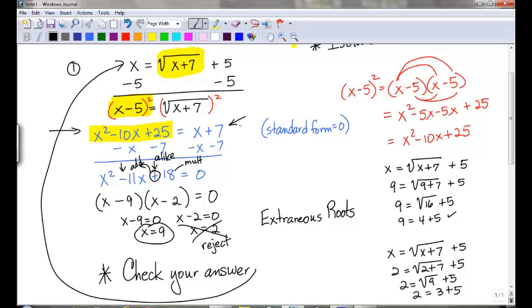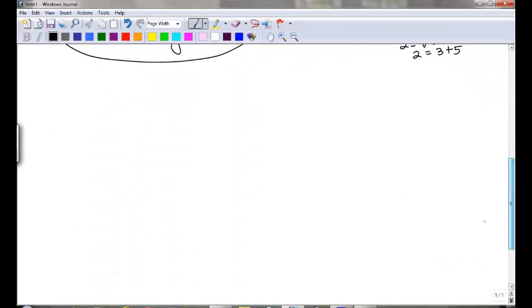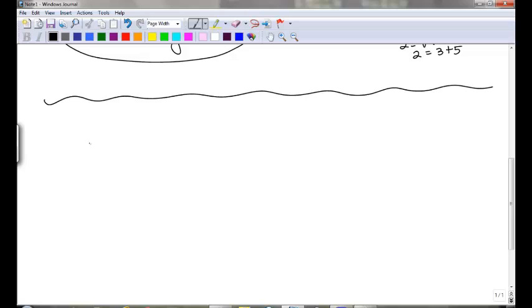Now, if they have a problem with more than one radical, you've got to isolate one radical at a time. Let's say I did something like this, just as an example. One of those is isolated already.